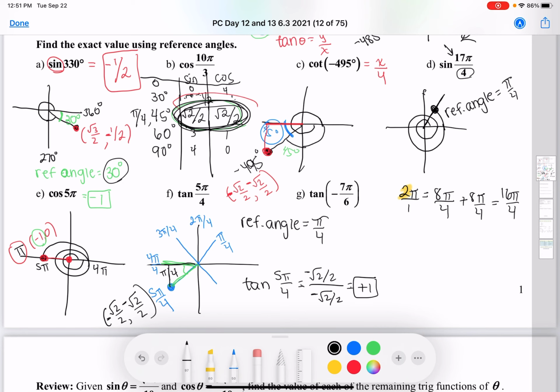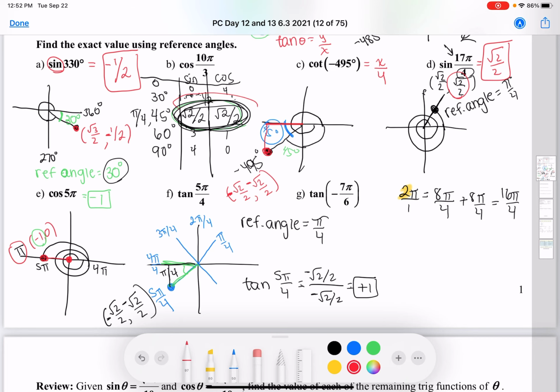And since pi over 4 is our reference angle, that's how we know, looking at our table, that this point here is just going to be the root 2 over 2, comma, root 2 over 2. And since we're in the first quadrant, both of these values remain positive. And so now you just say which one is sine. So sine of this value is root 2 over 2. Cosine would also be root 2 over 2.